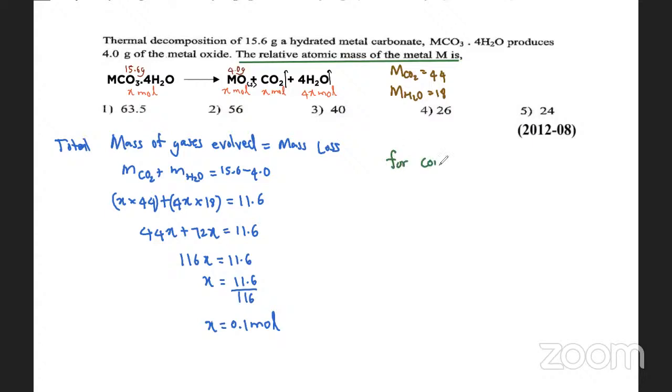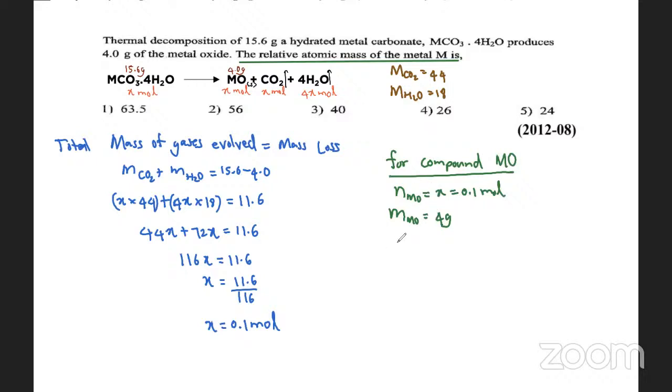For compound MO, you know the mass and the number of moles as well. The number of moles of MO is equal to X, and that is equal to 0.1 moles. The mass of MO is 4 grams. So you can use these two and find out its molar mass.